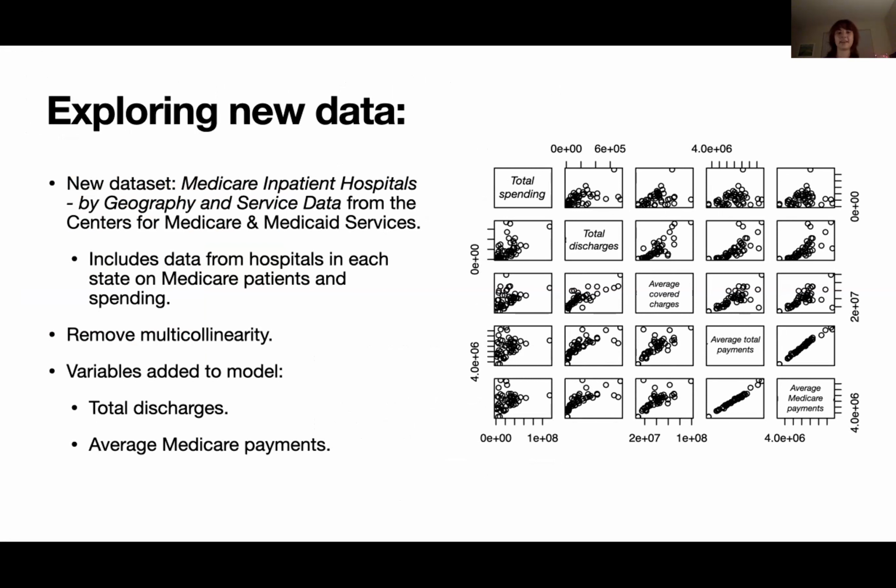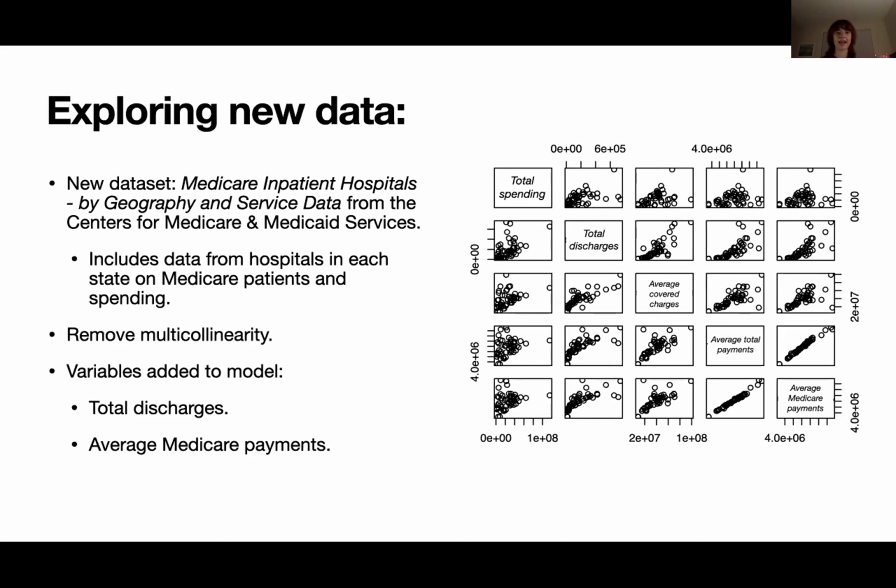And this was the number of discharges, so the number of Medicare patients that were discharged from hospitals within a state in that year of 2018, as well as the average Medicare payments that the hospitals in the state received from Medicare for that year.